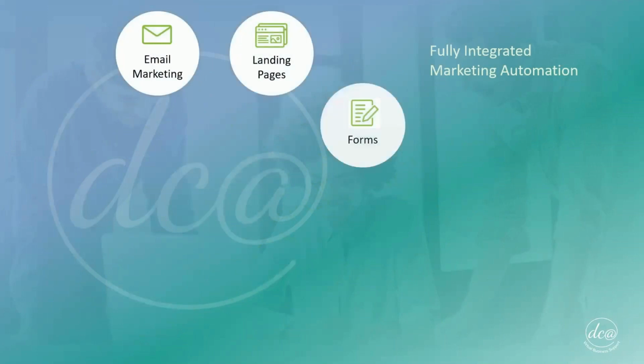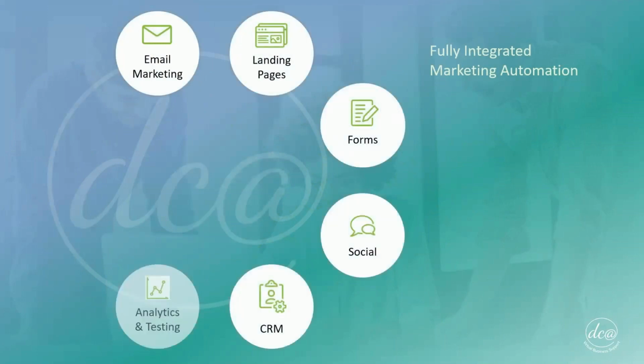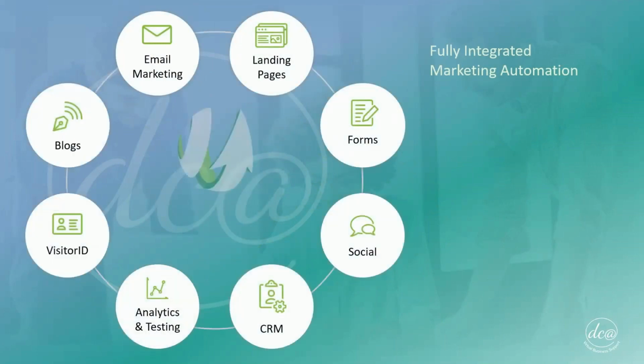What SharpSpring offers, and what we as a partner agency can offer to you, is a fully integrated marketing automation system with all of those things that we just spoke about. We have landing pages, forms, social posting, a CRM. We have fully integrated analytics and testing. We do identify visitor IDs, and we do this as anonymous until they fill out a form, and then everything becomes connected and married together.